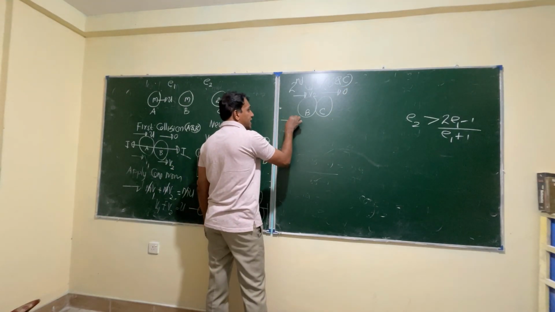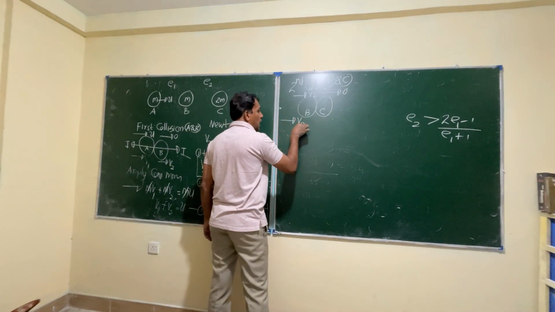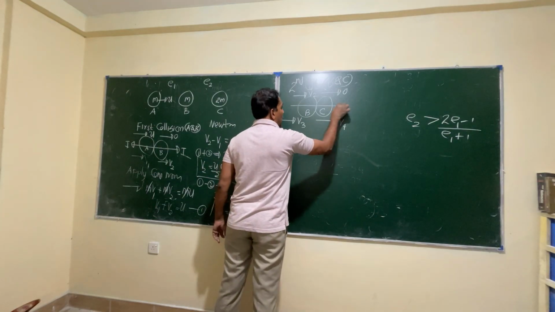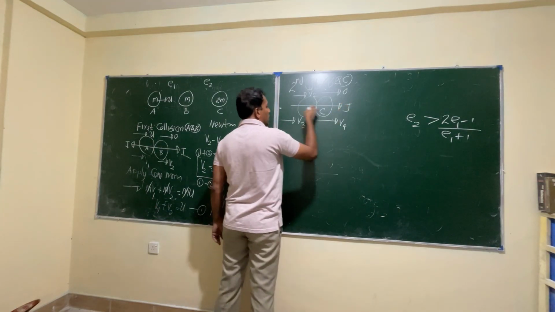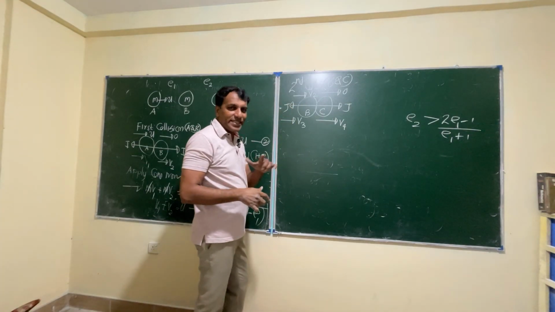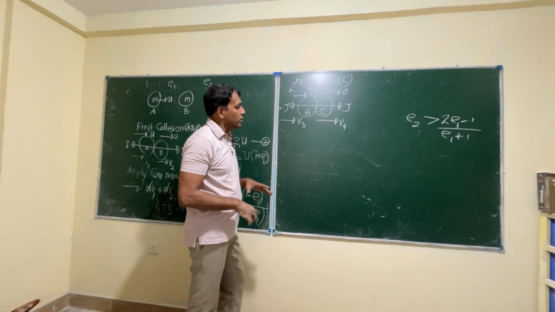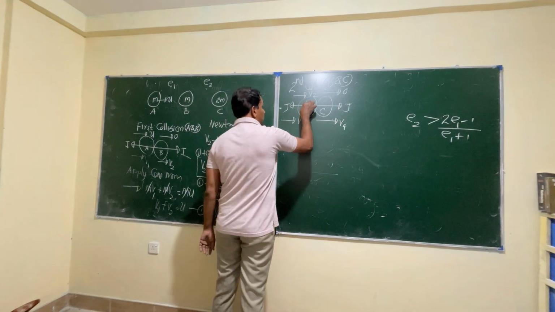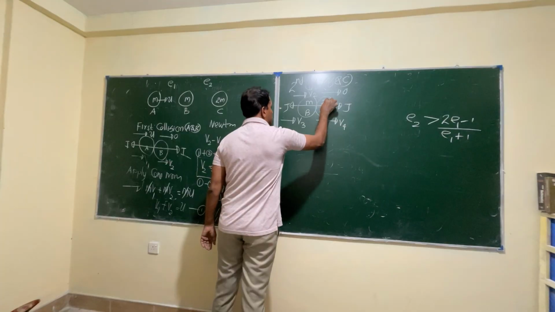After collision, I take B goes with v3 and C goes with v4. So here also an impulse is available. I say J. Here the coefficient is e2, and the masses are m and 2m, important.